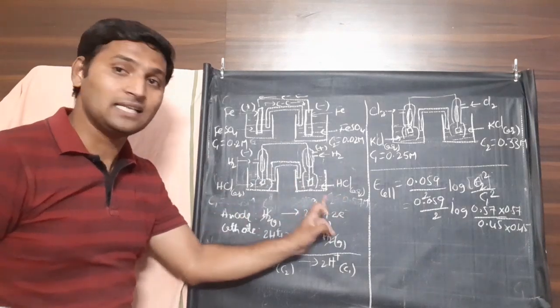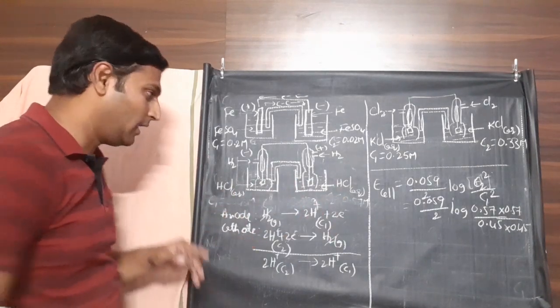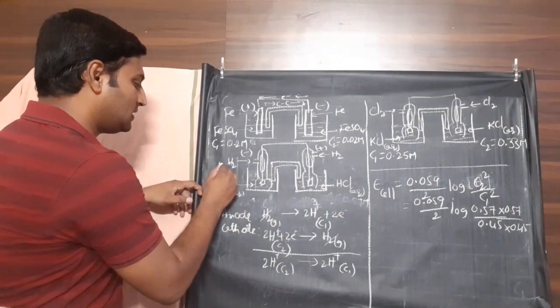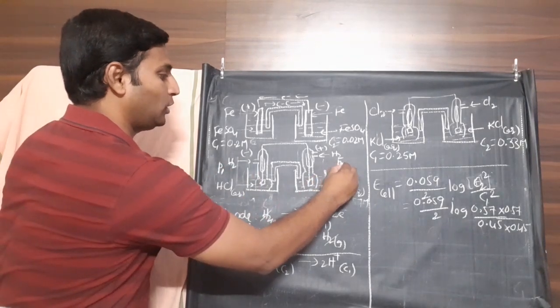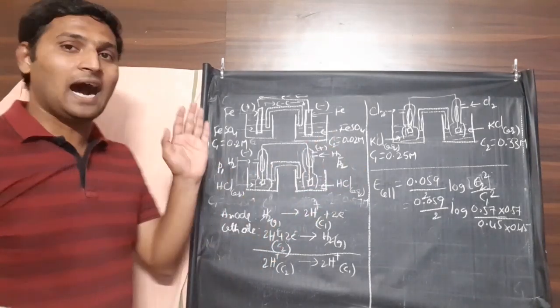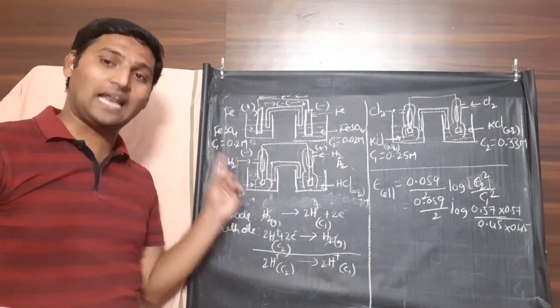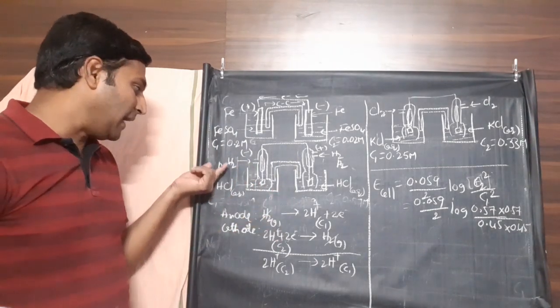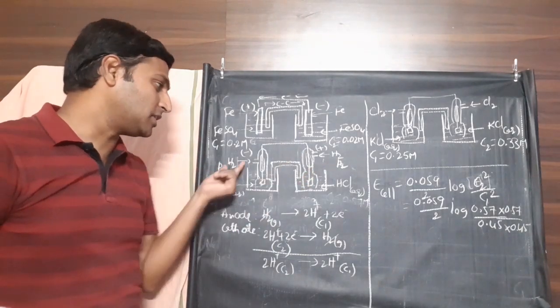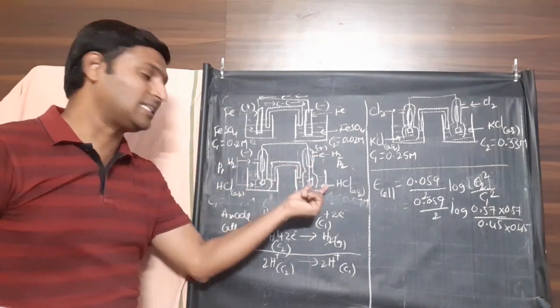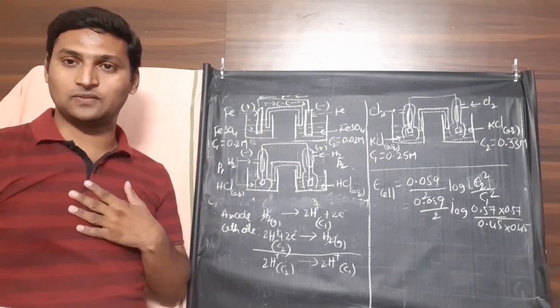The concentrations C1 and C2 are equal, but the partial pressures P1 and P2, they are different. Means I generate a concentration cell containing gas electrodes like hydrogen by taking different partial pressures of gases while maintaining the same concentration of solutions.